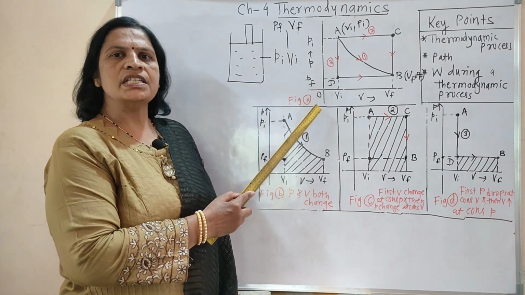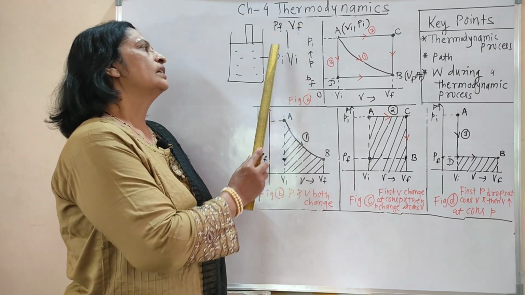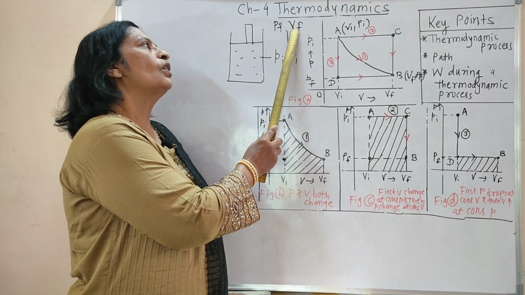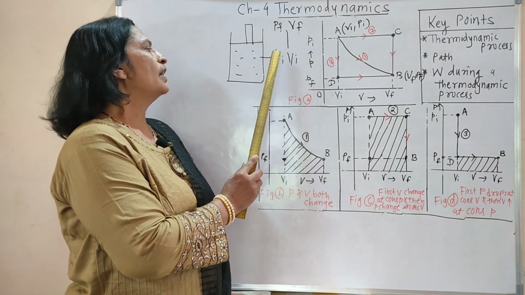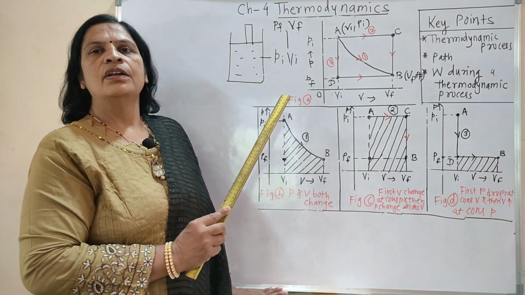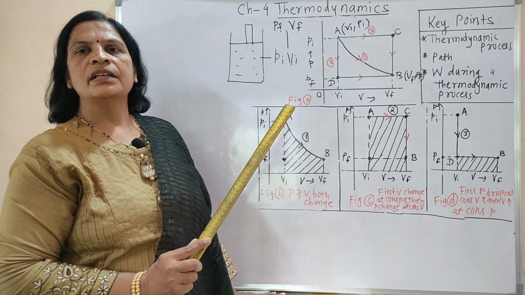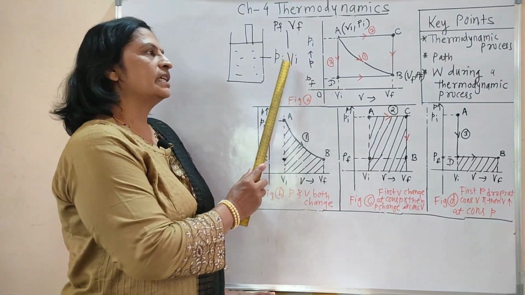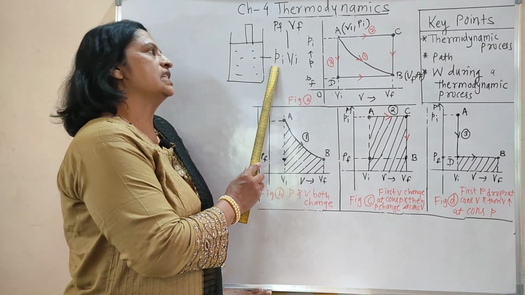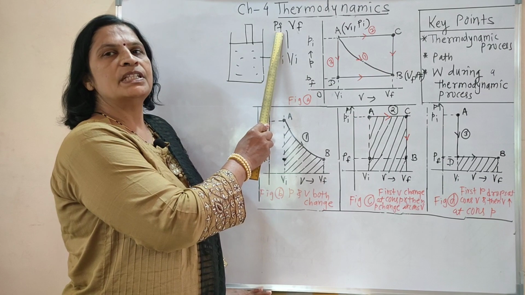We have to change the initial state of the system to the final state, means final pressure is Pf and final volume of the system is Vf. Then what is the definition of thermodynamic process? A thermodynamic process is a procedure with the help of which we can change the initial state of the system to the final state of the system.